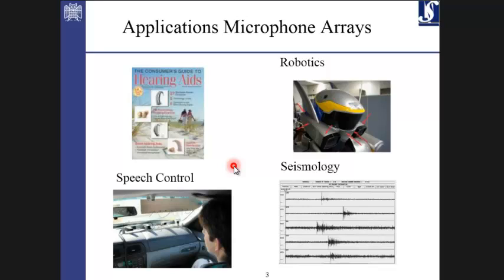Then they can easily localize the people talking to them, and using a gain, they can have a higher SNR in their hearing system, and they can understand the voices much better.